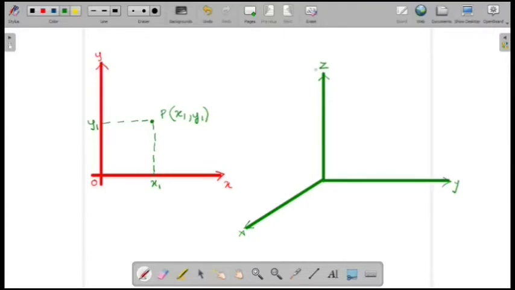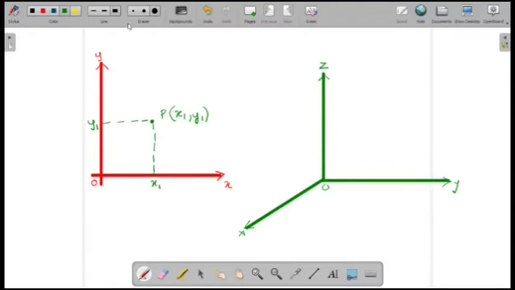Z is always taken along the vertical axis, which normally depicts the height of an object, and you have the length and width being represented along x and y. But if you are comfortable and would like to take height along x, you're free to do so. There's no restriction, but this is a generic way of using it, and you are free to use it the way you want. Now I have the origin here.